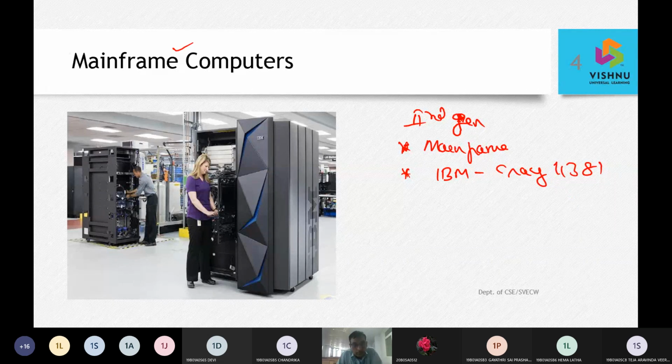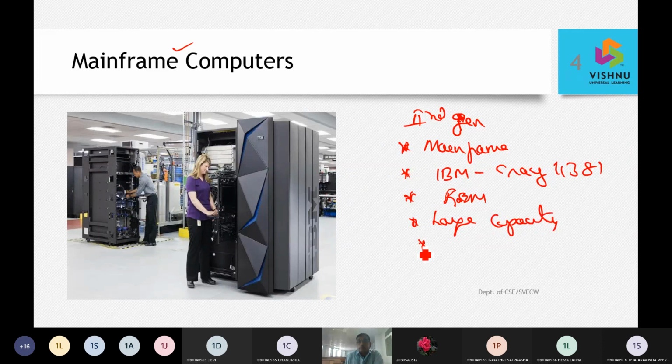This was the name given to it, and people had to work directly on the mainframe computer, and it is very big, as huge as a room. It was of large capacity, and at that time they used to work with 64 bits at a time.